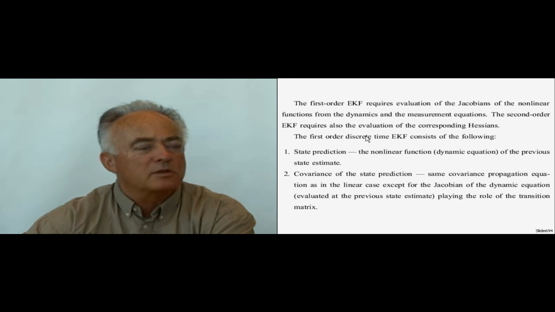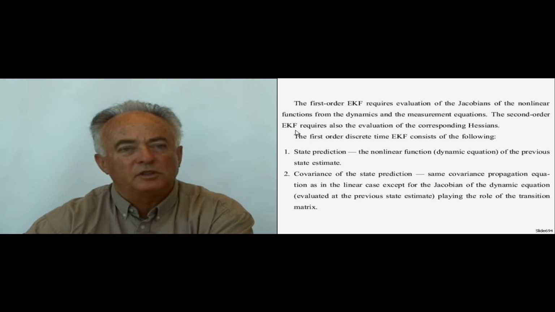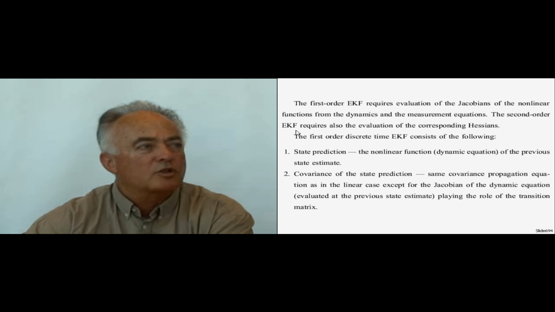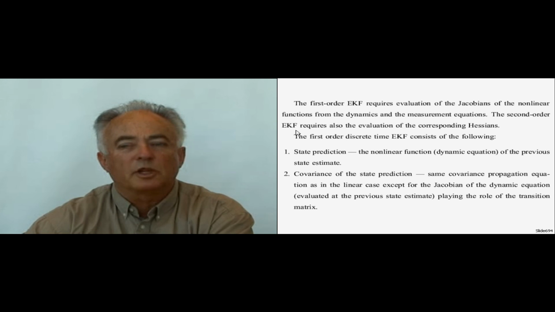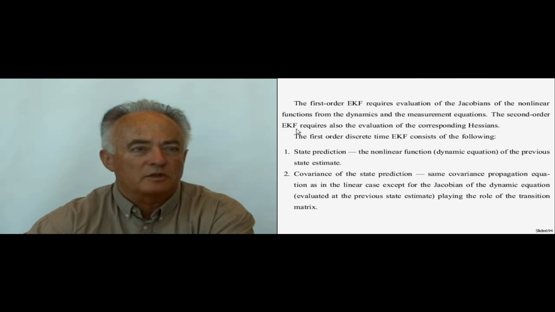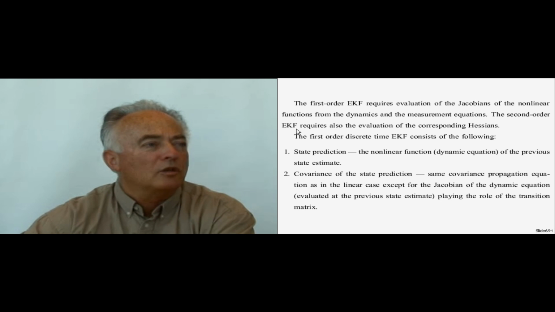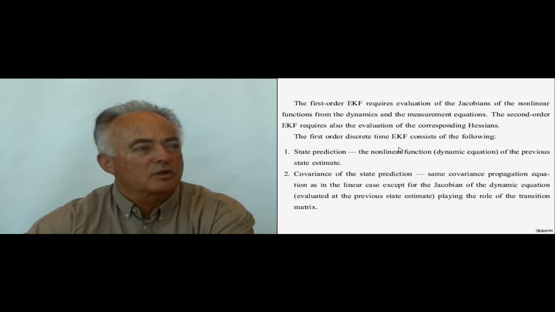In my experience, the second order EKF is very rarely going to solve a problem that the first order cannot solve. So while it is of interest from a theoretical point of view, practically the first order EKF is pretty much the only one that is in practical use if necessary. The first order EKF now consists of the following steps.